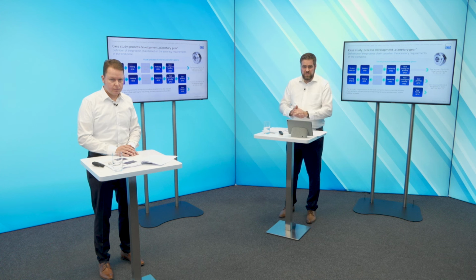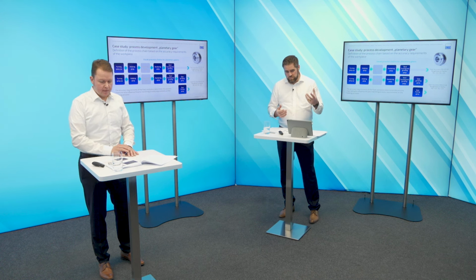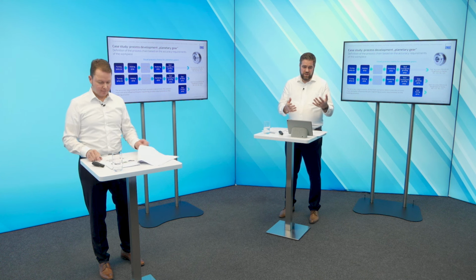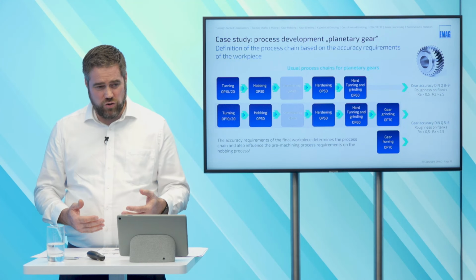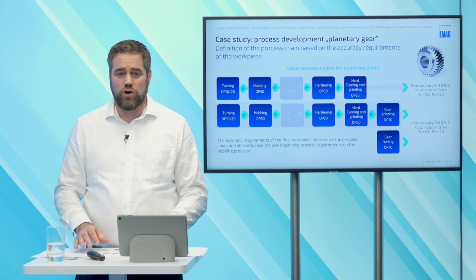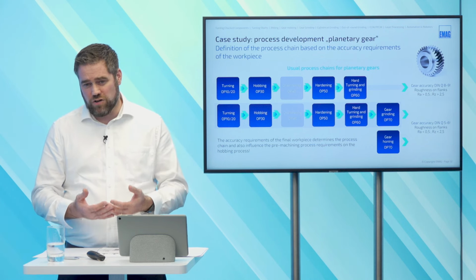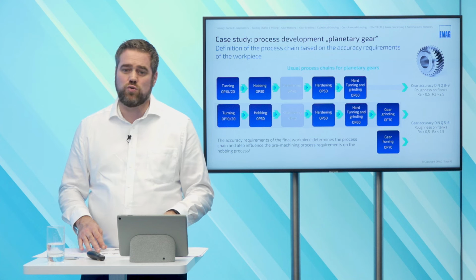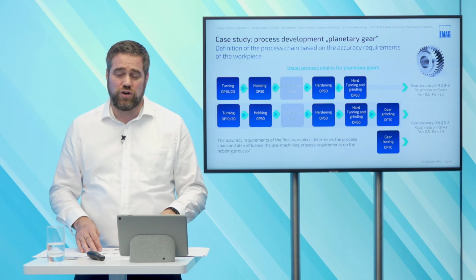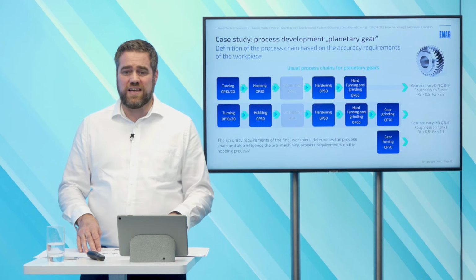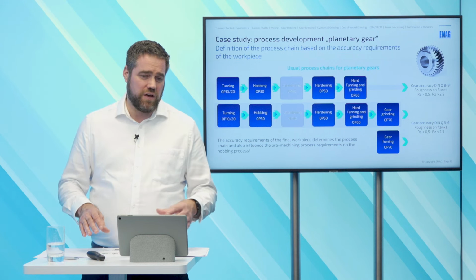Jörg, we see the process chain, and there is important. What I want to add is, besides the hobbing solutions, EMAG also provides vertical pickup machines, with which we can do the pre-turning, and after the hobbing, if necessary, the hard turning and the grinding, and we can do the gear grinding as well with our machines.